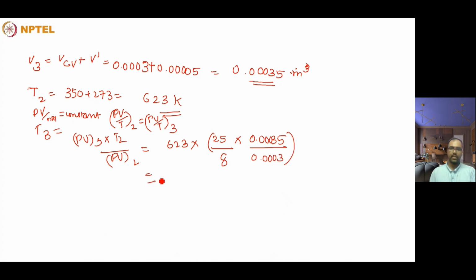So the value of T3, the peak temperature during the combustion process after the compression, will be equal to 2271 Kelvin.